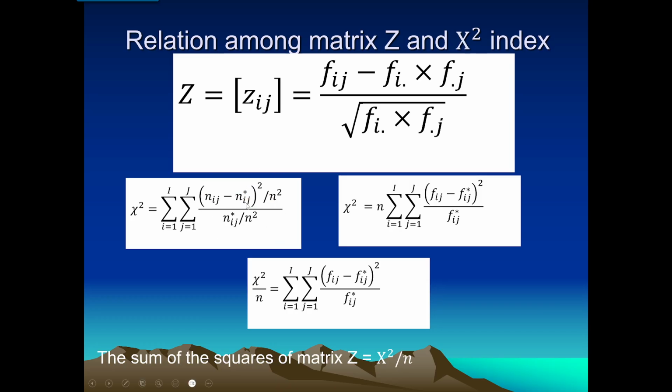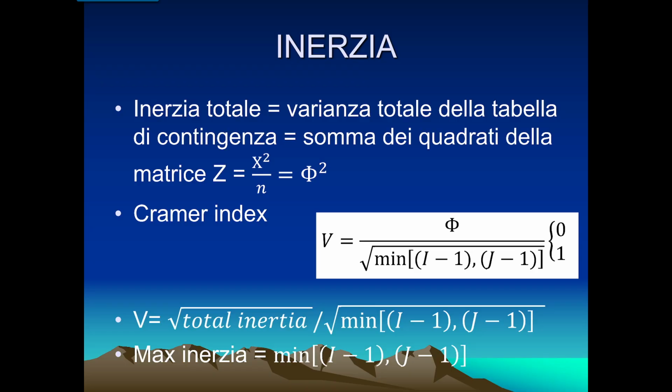Here you start with row profiles, column profiles, the distance from the centroid, the weighted distance, but the total variability is exactly the same: the sum of squares of the elements of matrix Z. Isn't it incredible? The goodness of statistics, that with completely different approaches, you get exactly the same thing.